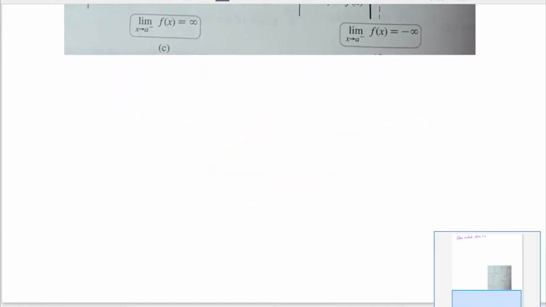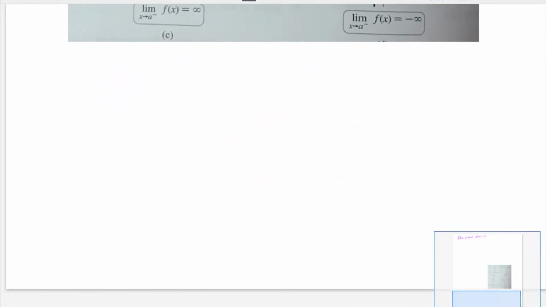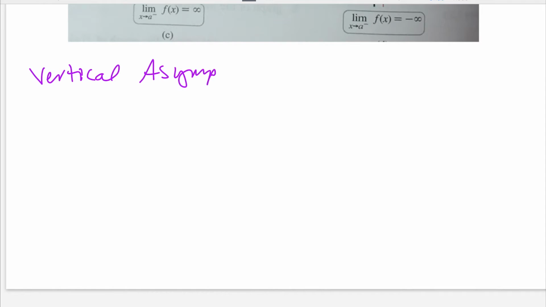Let's do one more definition here of what we're looking at. Speaking of asymptotes, we know that these are vertical asymptotes. We can use limits to determine if we have a vertical asymptote and the behavior associated with that vertical asymptote.